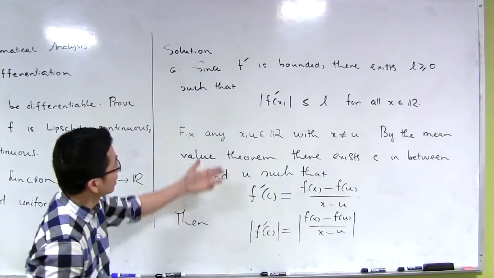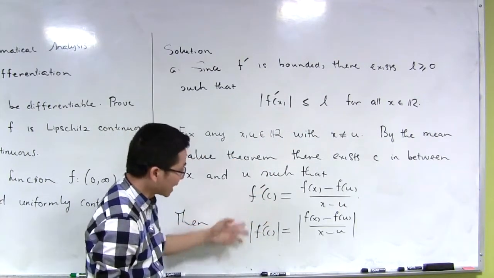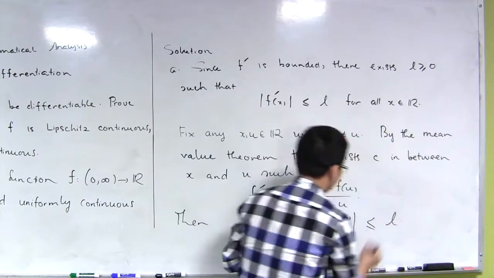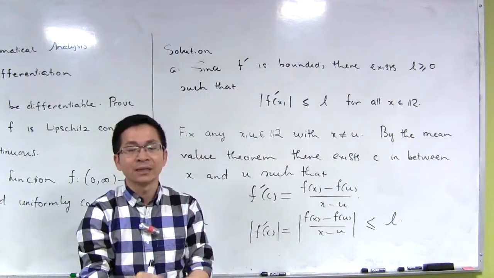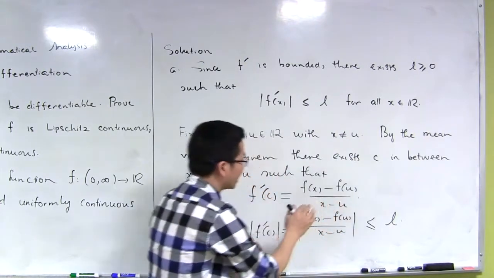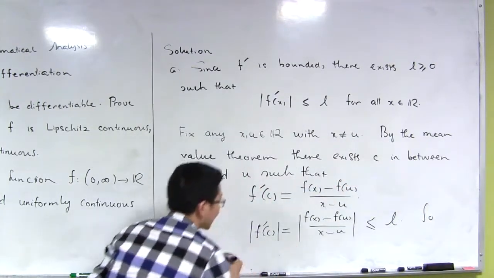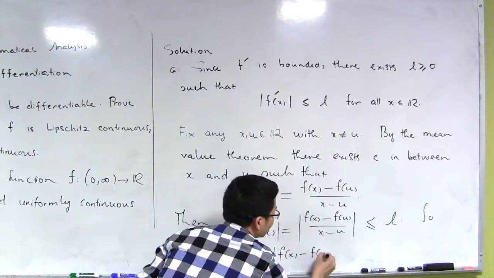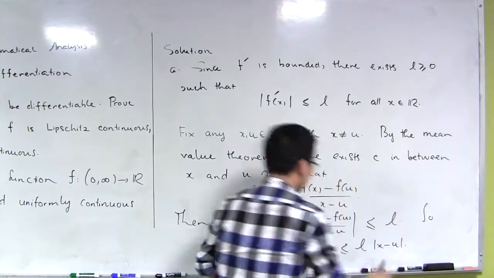As we know, the bound is true for all x in R, and in particular, when x is equal to c, the absolute value of f prime of c is less than or equal to L. Note that the absolute value of A over B is equal to the absolute value of A over the absolute value of B. So we can multiply both sides by the absolute value of x minus u and get that the absolute value of f of x minus f of u is less than or equal to L times the absolute value of x minus u.